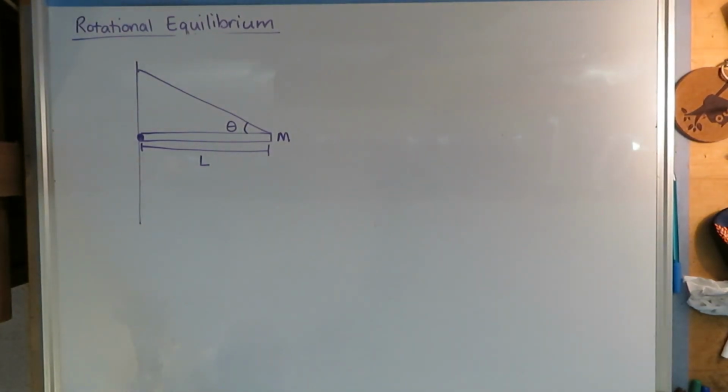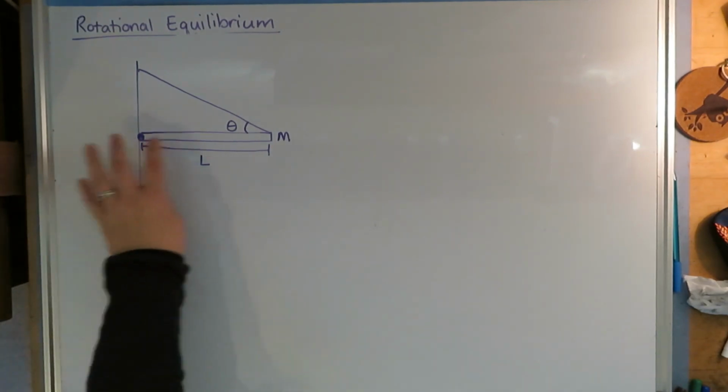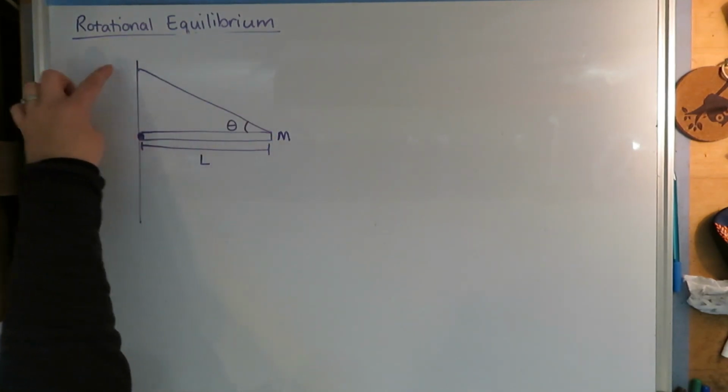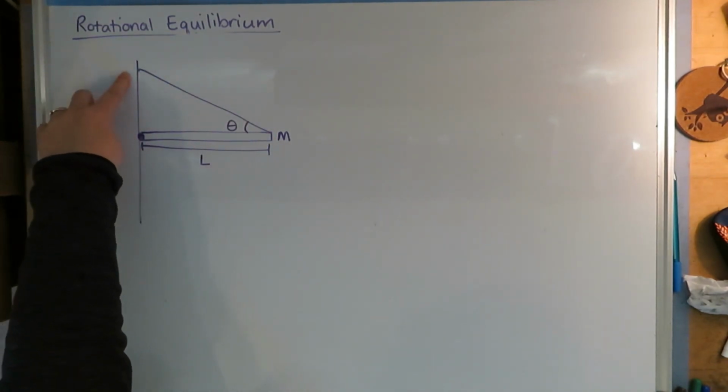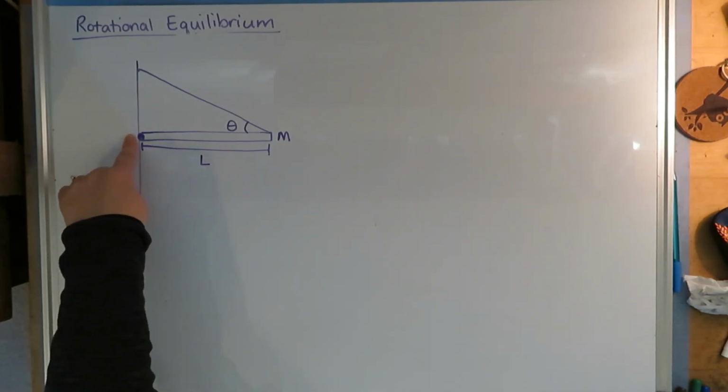All right, so in this case, we are looking at a beam here that has a mass of M and a length of L. It's being held in place by some sort of cable, and there is a hinge here.